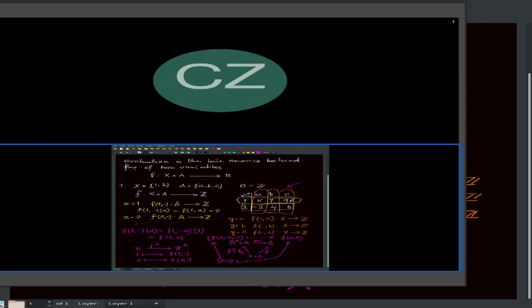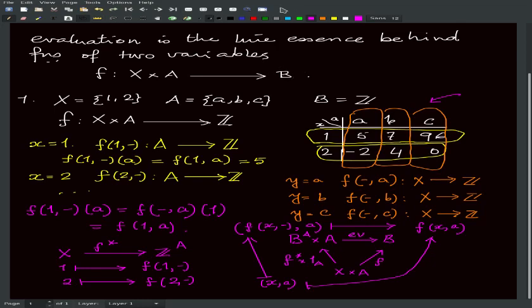Before I come to this one, I'm quite tempted to carry on with this example a little more. And the reason is I get a little bit tempted here.